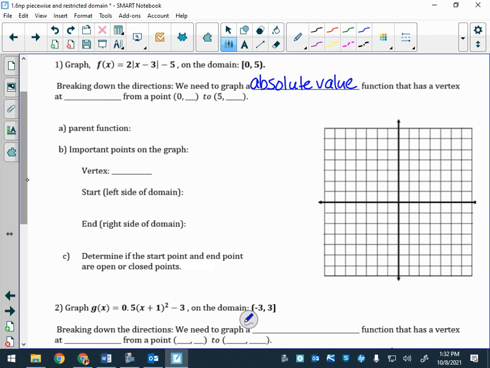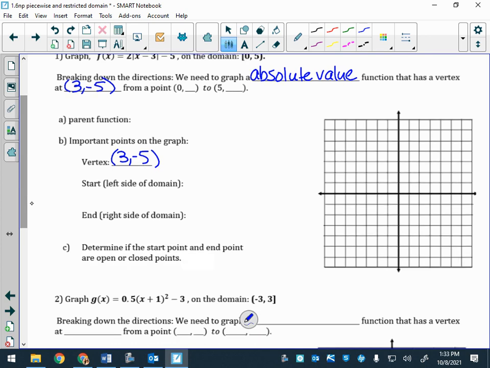You have it in front of you too if it's hard to see up here. So our vertex is (3, -5). Then they're telling us it's on the domain from 0 to 5.